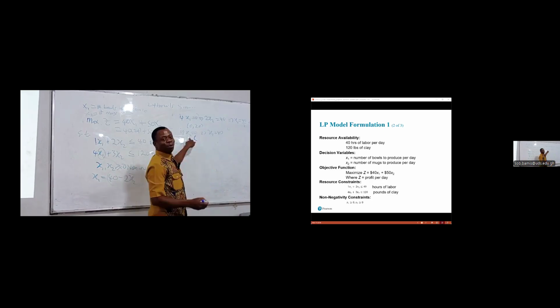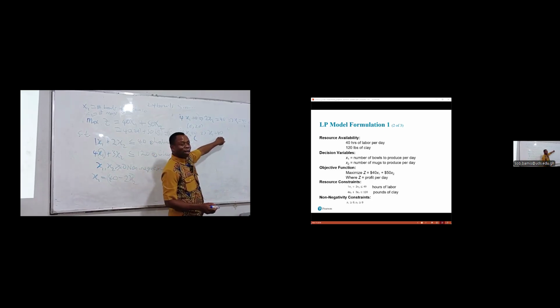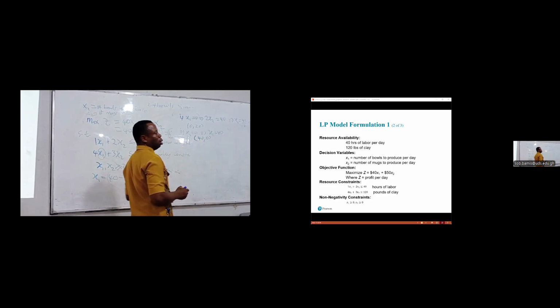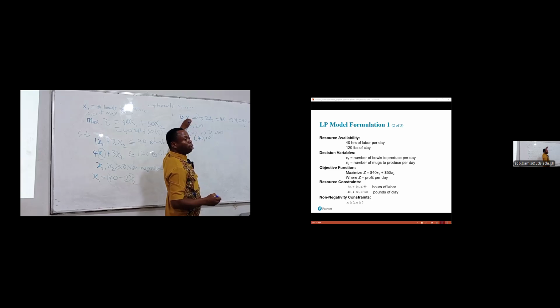Note the position: x1 is first, followed by x2. Don't change it. So it will be 40, 0. If we plot these points and draw a line, that will be the line for the labor constraint. I'll show you how to draw it very soon. So we are done with this one.